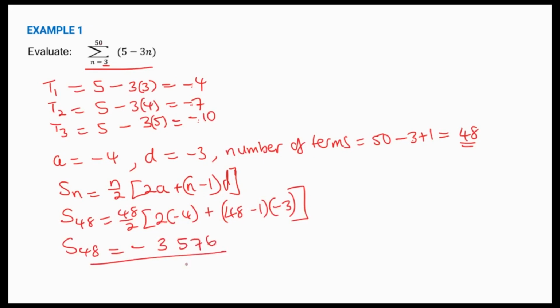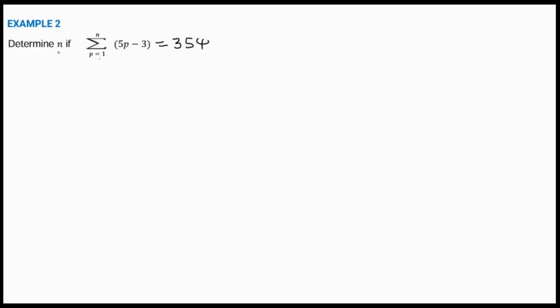Okay, let's do example 2. Determine n if this series is equal to 354. So what is the meaning of this? We are adding 5p minus 3 from p is equal to 1 up to p is equal to n to get 354.